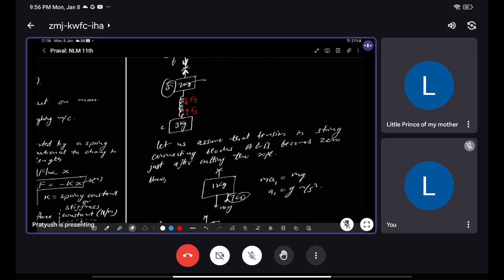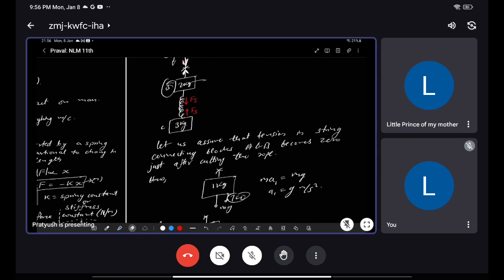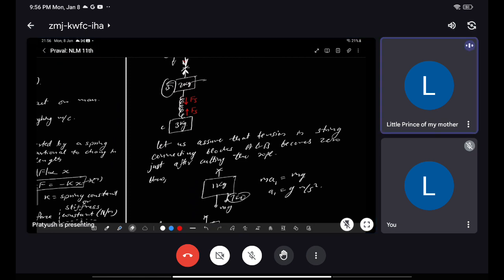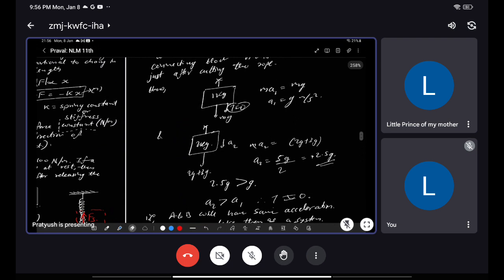Any answer? What is the answer? Just 60 by 20 we can change. For 2 kg, the answer will be 2.5.